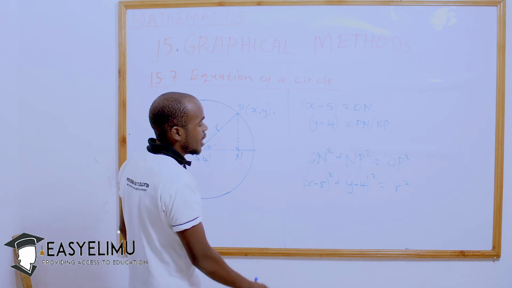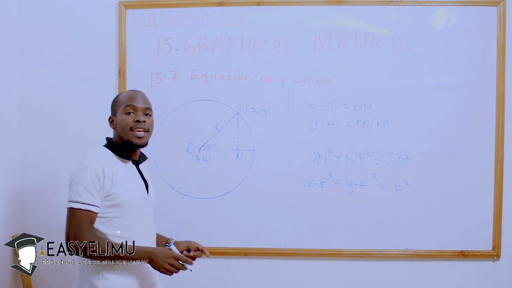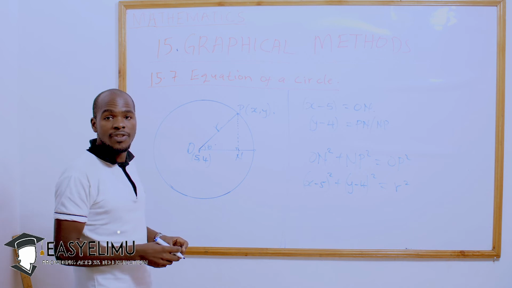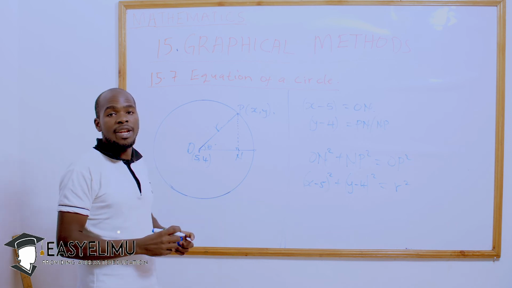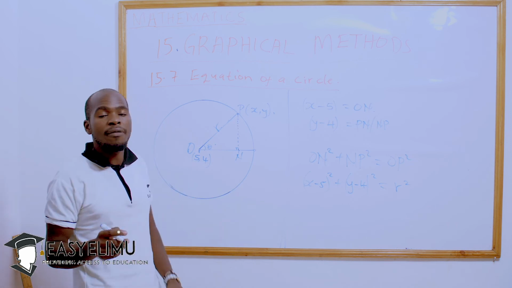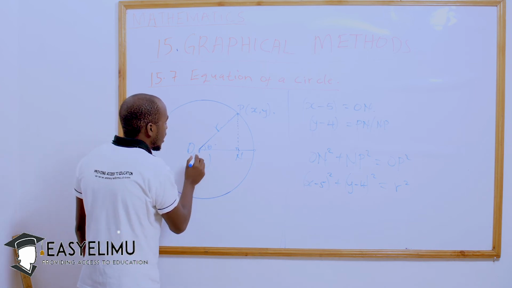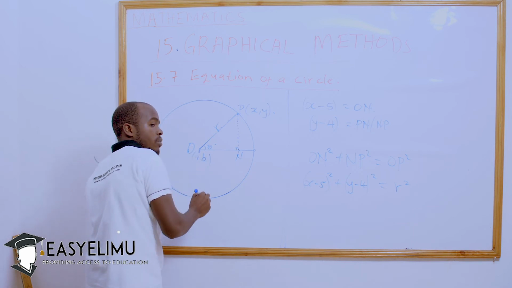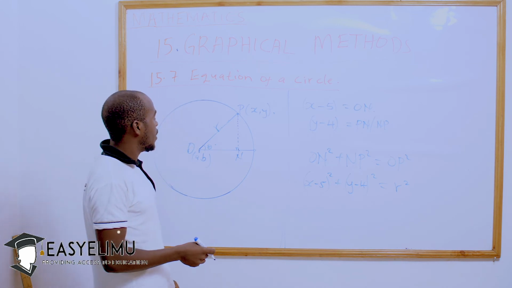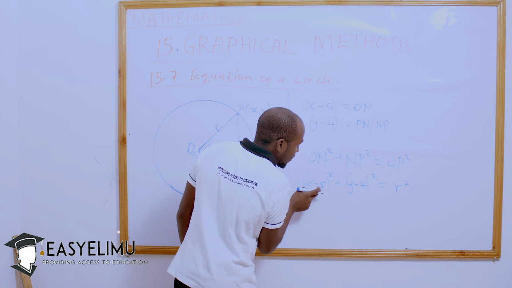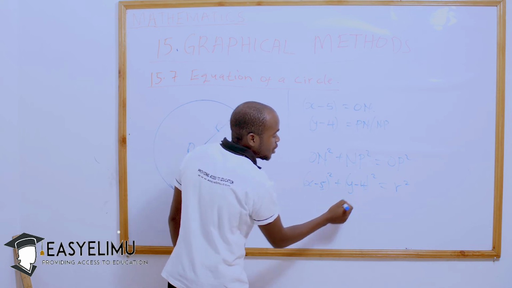On doing that, that is what we shall have as the equation of a circle where the center is not the origin, meaning the center is not 0, 0. So if you are given the center there, that is how you find the equation of a circle. In general, in case the center is given in terms of A and B, how do you find the equation of a circle? It will be the same, replacing the coefficients, A which is 5 and B which is 4.